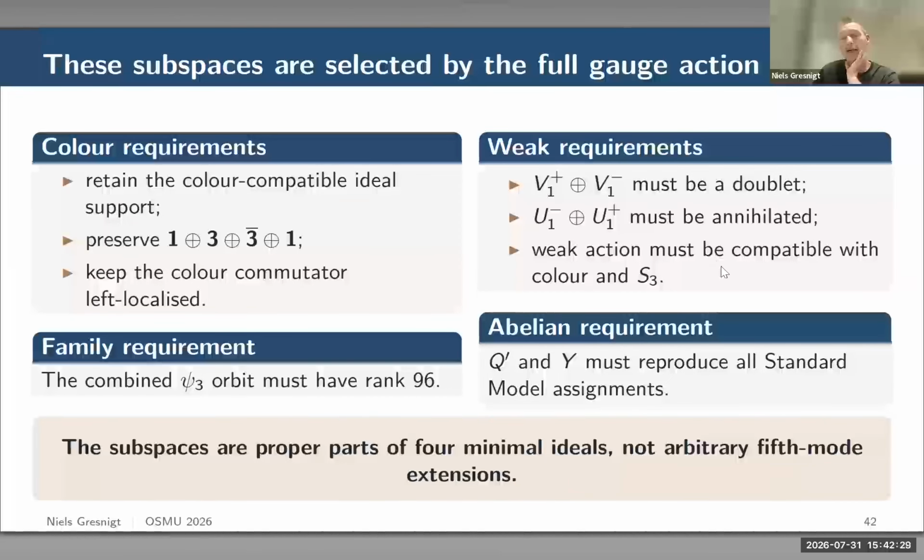And we want to make sure that the weak action is compatible both with the color SU3 and with the S3 family symmetry. So that means we need to make sure that the SU2 commutes with the SU3. And then we want the combined psi3 orbit over all the fermion spaces to have rank 96, so that all the 3 generations are linearly independent. And finally, we need to make sure that the electric charge generator and the hypercharge give the correct standard model assignment, so we get all the correct quantum numbers.